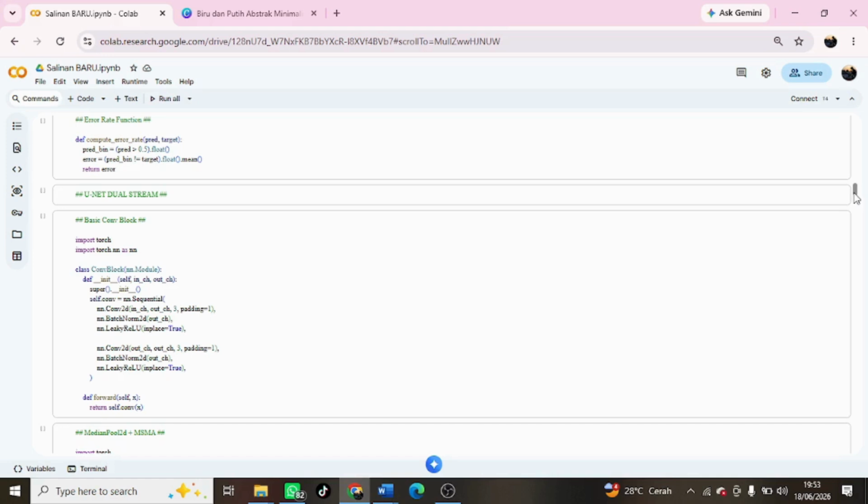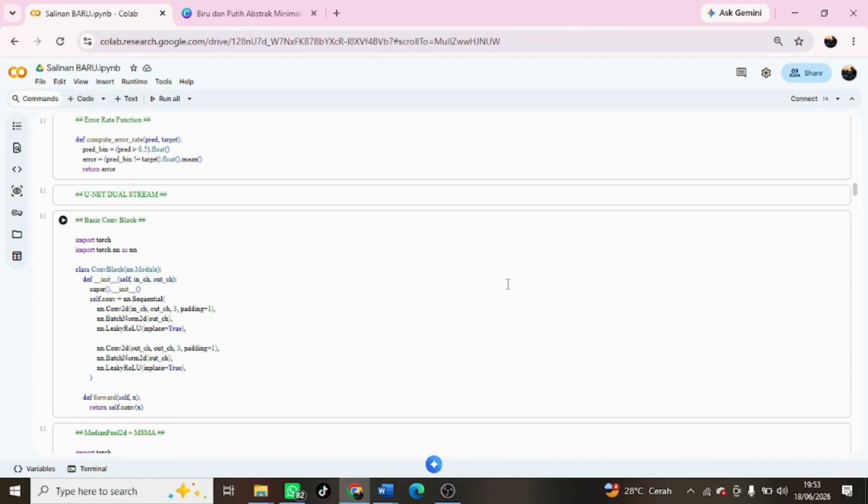Batch normalization is used to maintain the stability of the data distribution during training, while Leaky ReLU adds non-linearity so that the model can learn more complex patterns. With two consecutive convolutional layers, the model can generate rich feature representations before passing them on to the next layer.